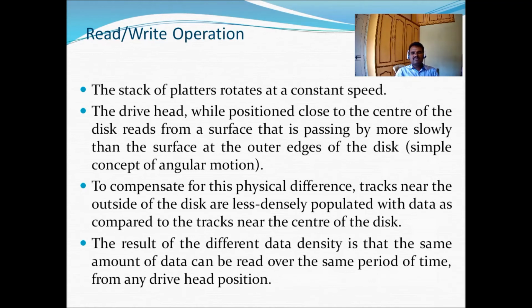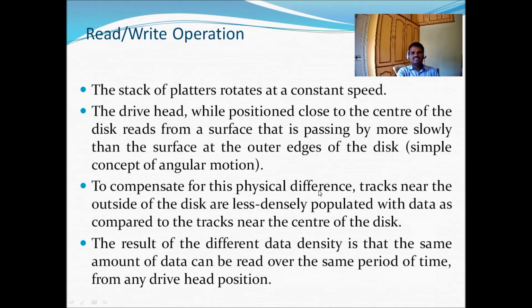To compensate for this physical difference, tracks near the outside of the disk are less densely populated with data as compared to the tracks near the center of the disk. So as our read write head moves slowly near the center and fast at the outer edge of the disk, as per angular motion, there is a gap between this physical difference.